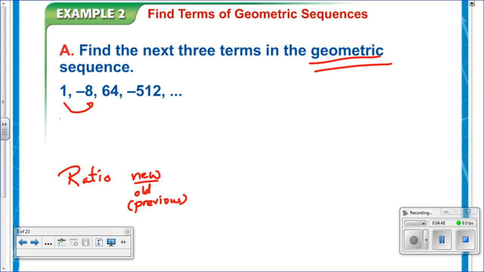Okay, so that would be -8 over 1, which is -8. So that means if I multiply by -8, I should get 64, which I do. If I multiply that by -8, I should get 512.